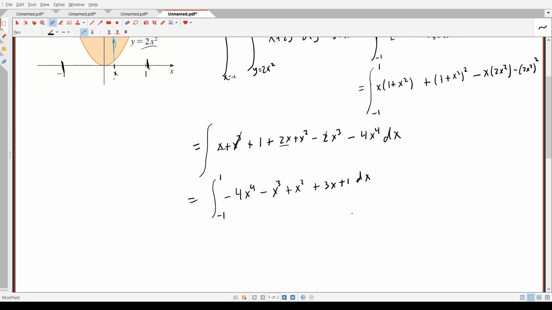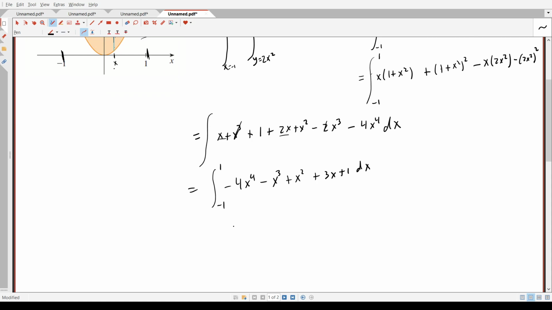Okay, and then I just integrate this like normal. So this is going to be minus 4 over 5 x to the 5th minus 1 over 4 x to the 4 plus 1/3 x cubed plus 3 over 2 x squared plus x from -1 to 1.